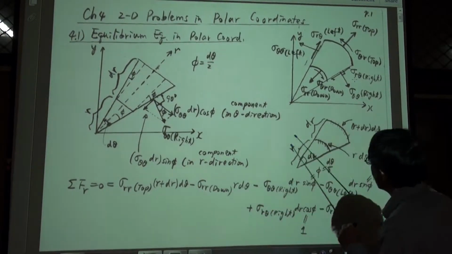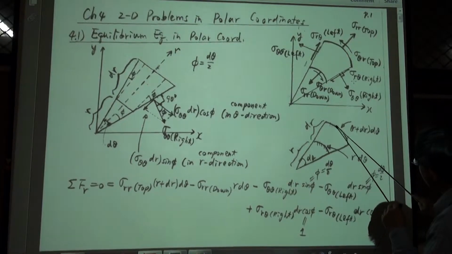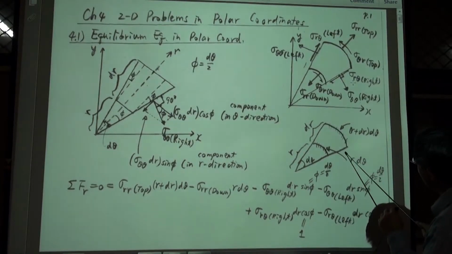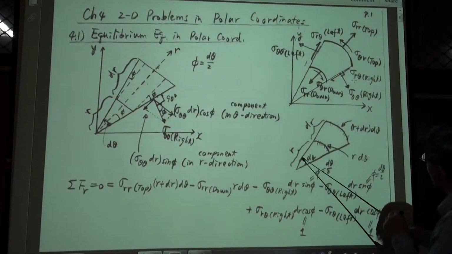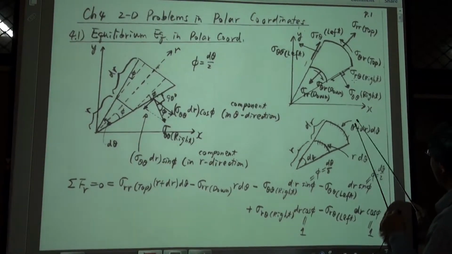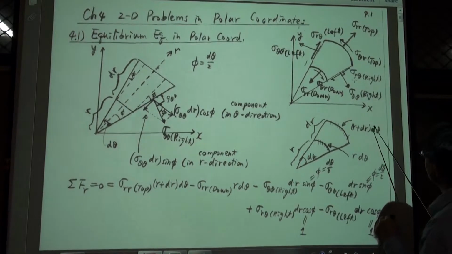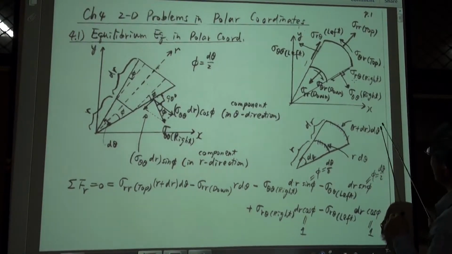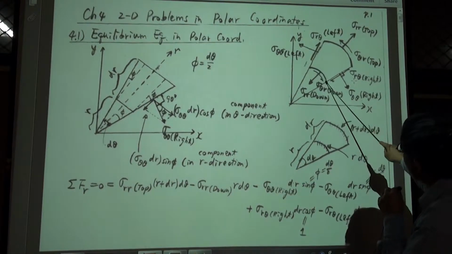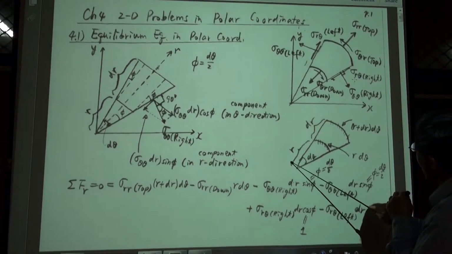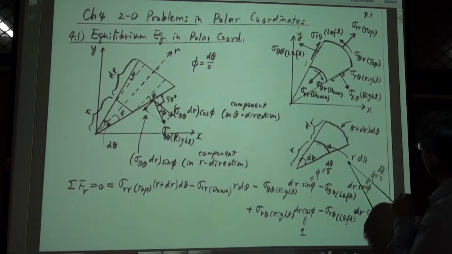Okay, so the arc length here is r plus dr times d theta. This is the arc length, meaning r plus dr d theta. Okay, and in the same way, the arc length here is what? r times d theta. Okay, like this.